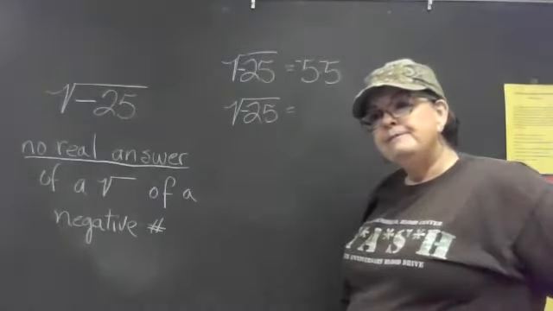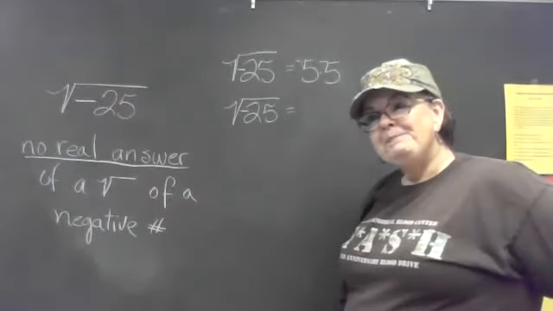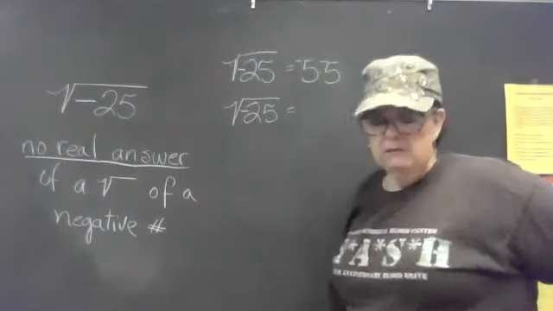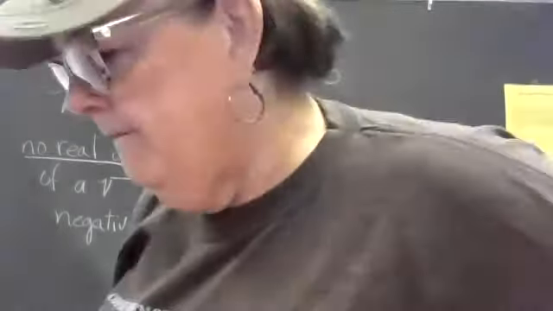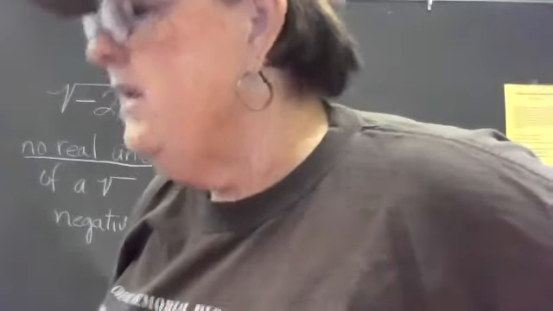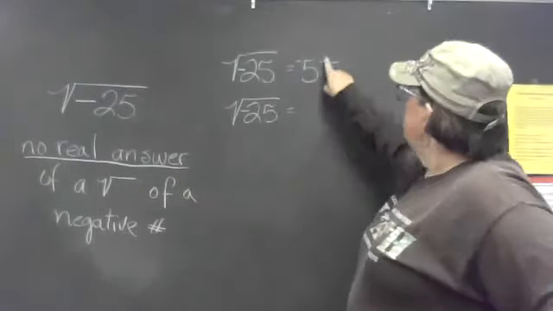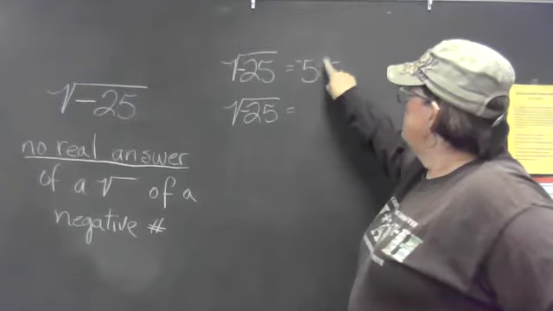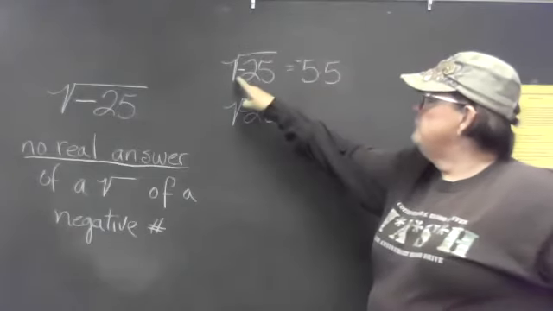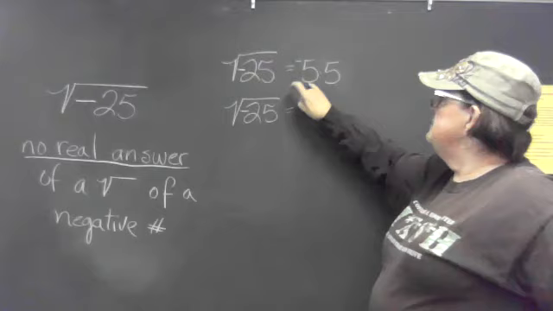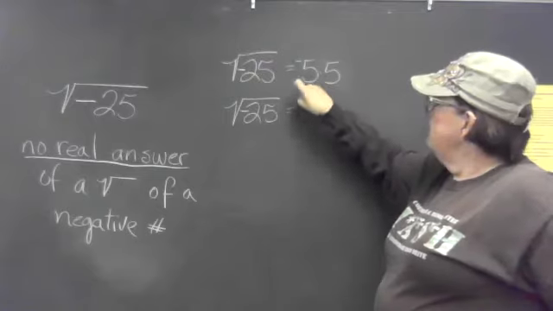Anything else? Negative 5 times 5? That would work. That's the next one that people usually ask about. But the definition of square root means that these numbers have to match, and they don't.